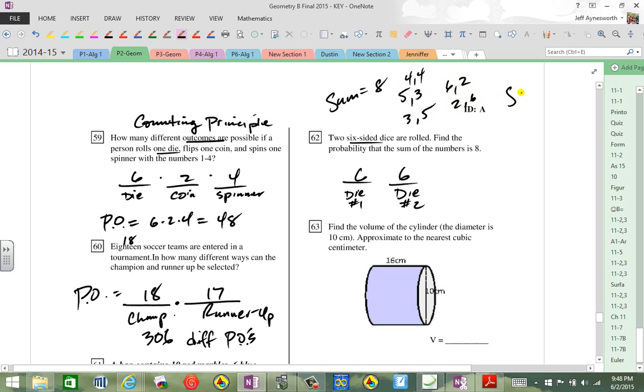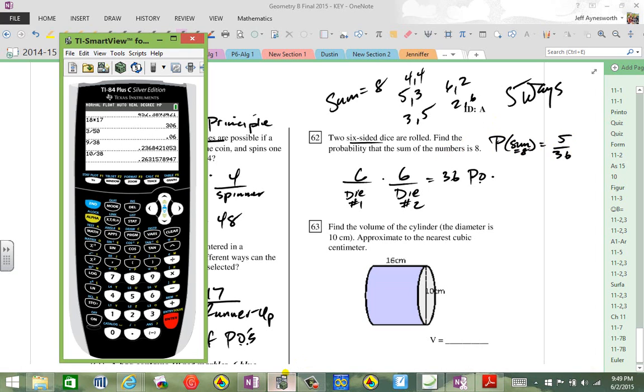And as you can see, there's 5 ways to do it. 1, 2, 3, 4, 5. So the total possibilities is 36 possible outcomes. So the probability that you get a sum equal to 8 is 5 out of 36 ways. Always number favorable out of total.